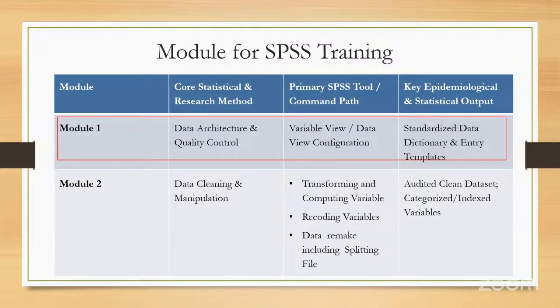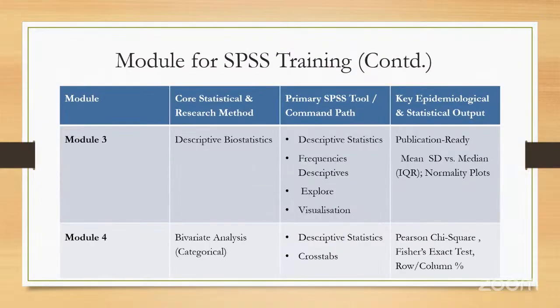So last week we dealt with module 1, but today we're going to add on to where we stopped the last time, as well as make it quite intuitive. So module 3 is around how to do your descriptive biostats, where we're looking at descriptive statistics, frequencies, how to use functions like descriptives and explore, and visualization, while module 4 looks at bivariate analysis.